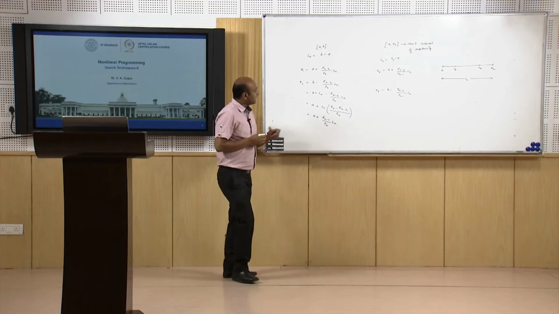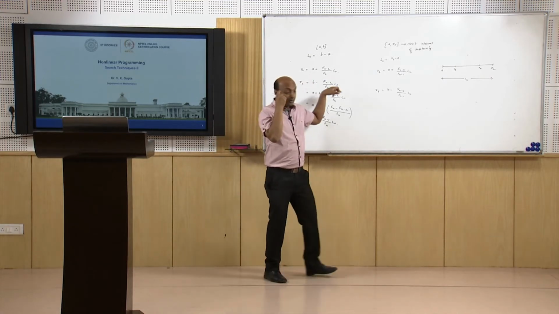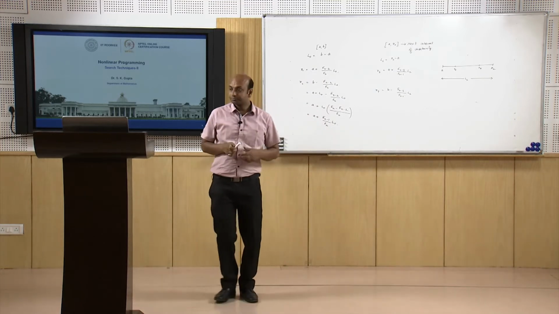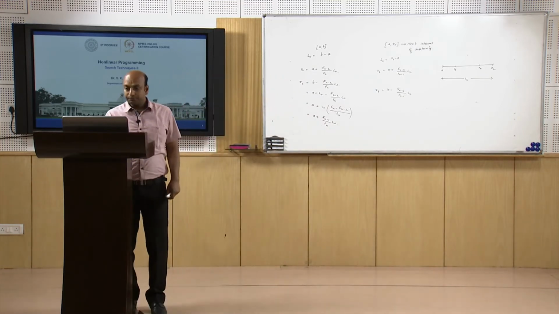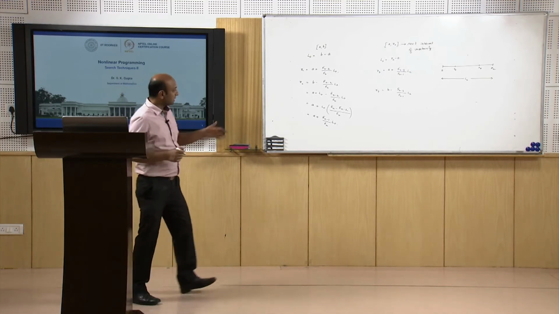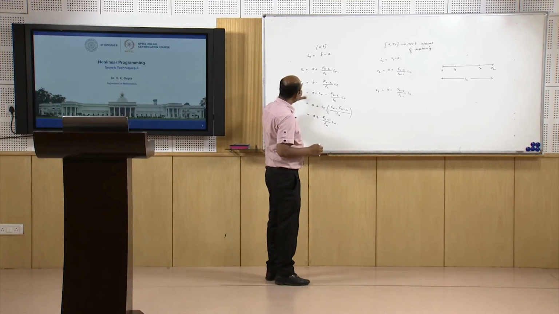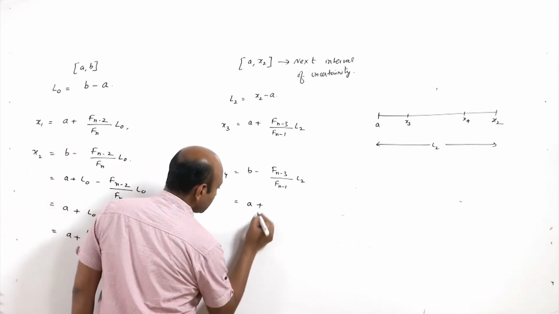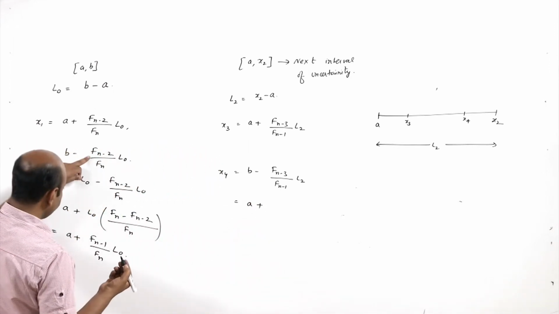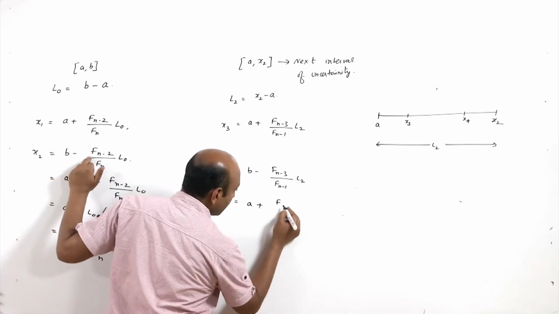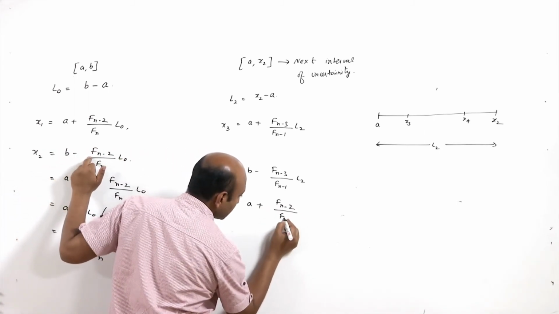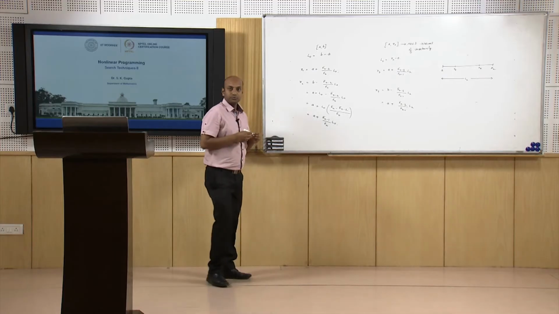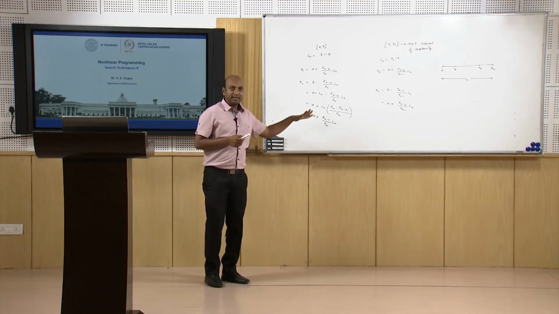You simply replace n by n minus 1 here and L naught by L2. We will get the next two experiments. Now, because x2 is equal to this, from this expression it is also equal to a plus Fn minus 2 upon Fn minus 1 into L2, where you simply replace n by n minus 1. So this is how we will find the next two experiments.